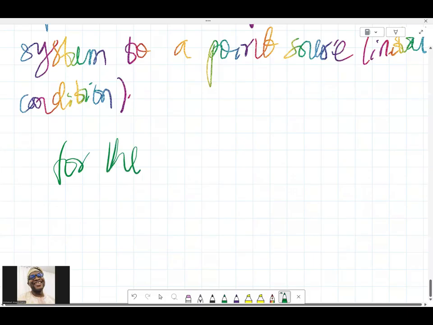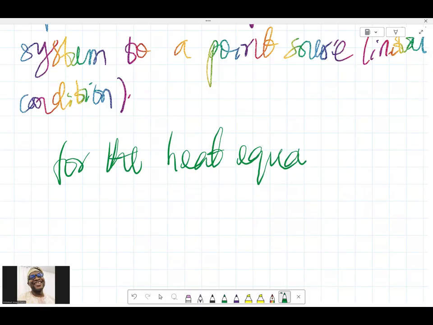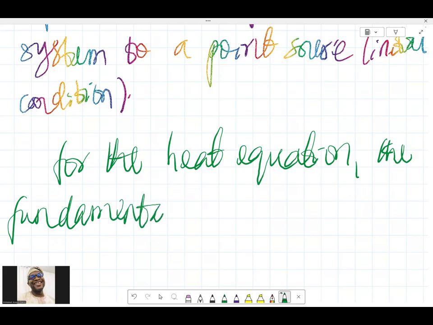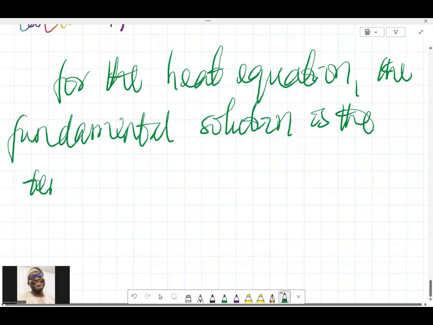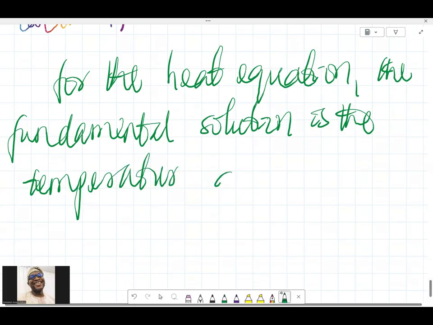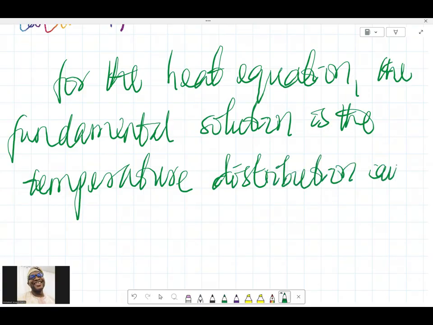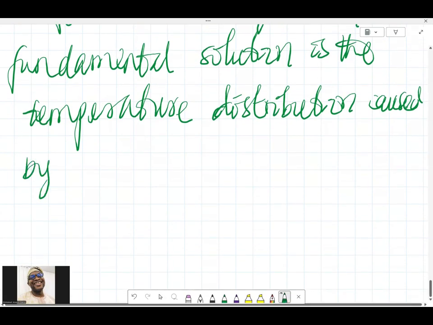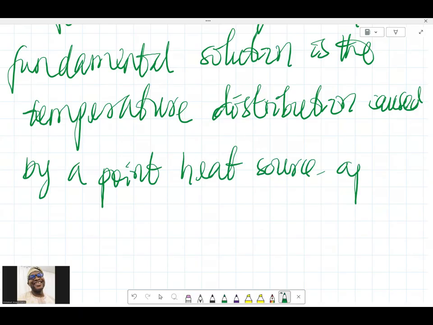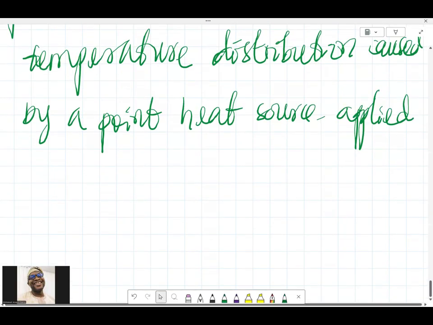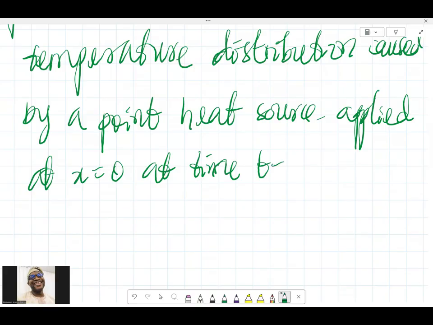So for the heat equation, the fundamental solution is the temperature distribution caused by a point heat source applied at x equals 0 at time t equals 0.